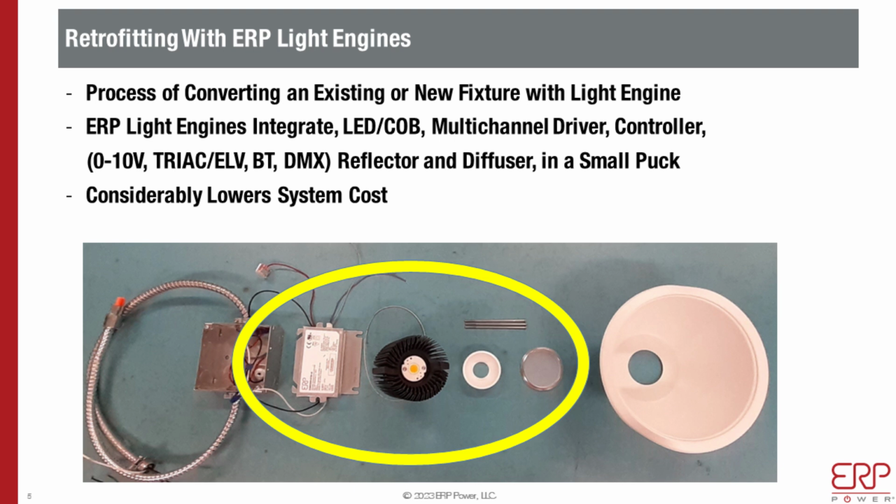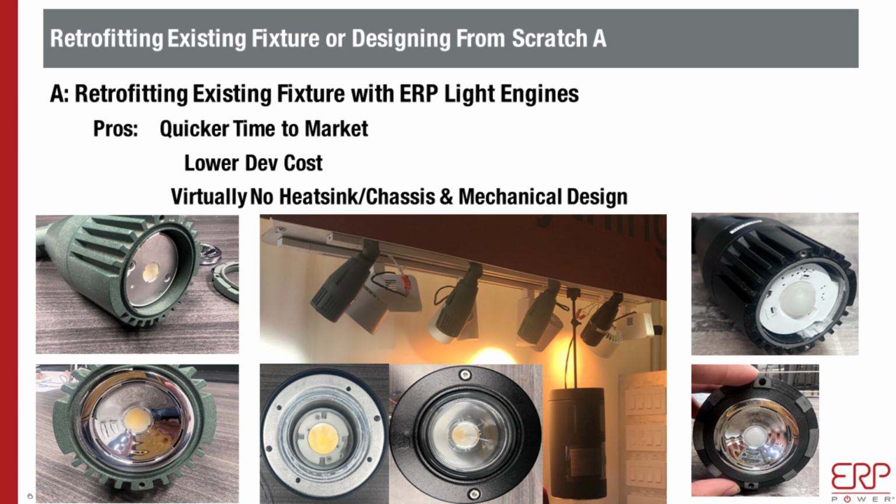So think of a 6-channel driver already within that small puck. And that puck, as I talked about, could be 65 millimeter on TWM2 and 50 millimeter on TWM1. All of it is going to go into a small puck, and all of this is going to reduce the overall system cost by integrating all these functional blocks into the same module.